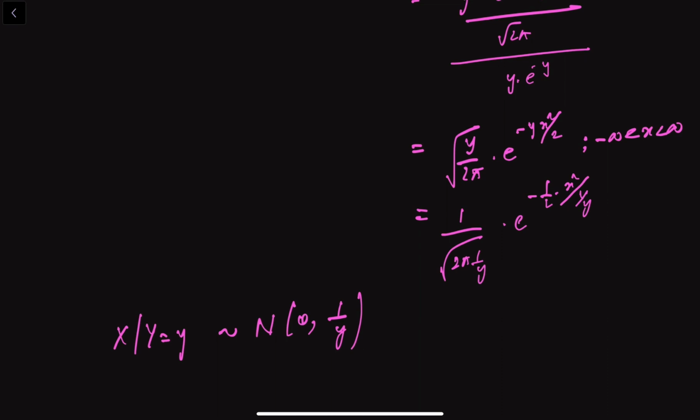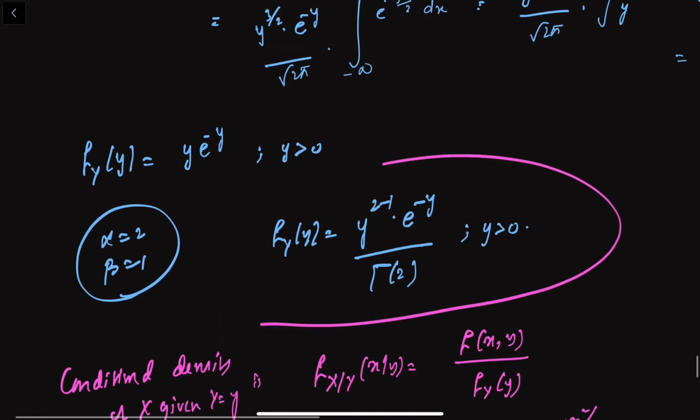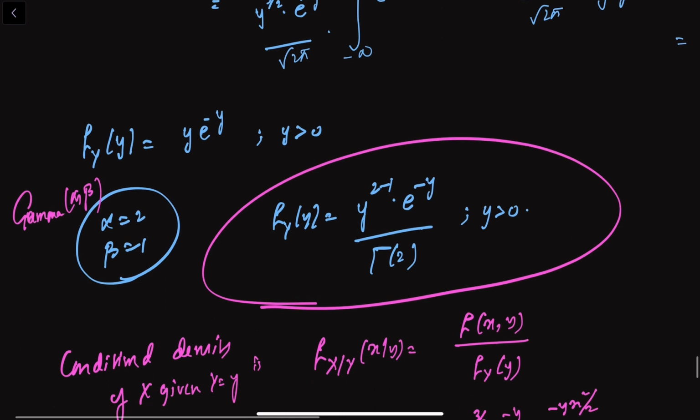That is the conditional density of x given y, and it's a normal one, and the marginal density of y follows a gamma distribution with alpha as 2 and beta as 1.